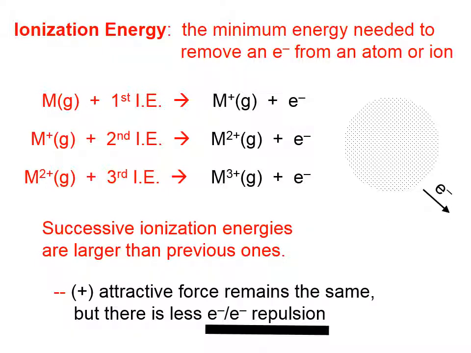Once I've taken one electron out of there, the amount of pull on each electron from the nucleus is the same, but the amount of repelling from the other electrons is less because there are fewer electrons. Therefore, if I want to knock, say, the second electron out, I've got to supply more energy than it took to remove the first electron.